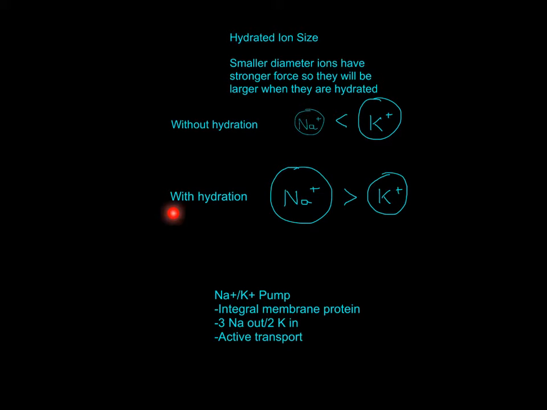However, when it's hydrated, since sodium has a smaller diameter, it has a stronger force, right? And so since it's stronger, it will attract more water, and so it will actually become bigger than potassium. And so that'll be more useful as you go through the semester and you learn about selectivity filters in neurons and what allows it to pass through.